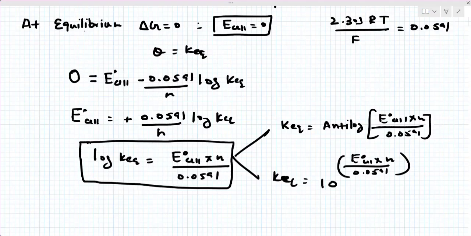In the exam they will give four E naught cell values and ask you to arrange them in increasing or decreasing order of oxidizing or reducing agent, or to find the E naught cell value. Next I go with the calculation of delta G, delta H and delta S, and finally I find the equilibrium constant. This is about the day 2 class.